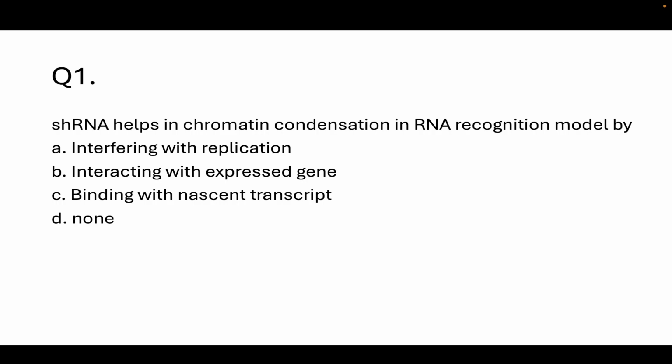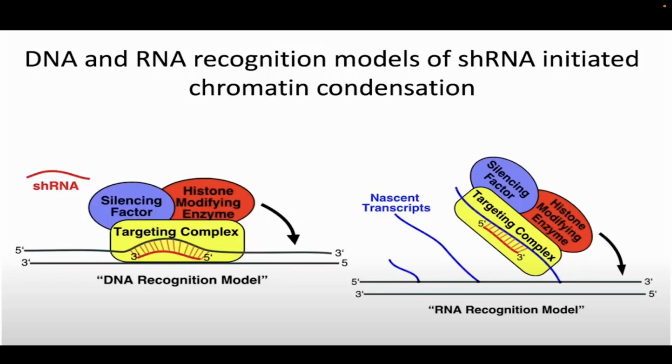So let's see. Your question is, shRNA helps in chromatin condensation in the RNA recognition model. When this chromatin condensation happens, we just talked a few minutes before about genetic imprinting, where one chromosome gets repressed. Also, during dosage compensation, one sex chromosome, that is the X chromosome, gets repressed in the case of mammals. So what is this repression? Generally chromosome condensation happens.